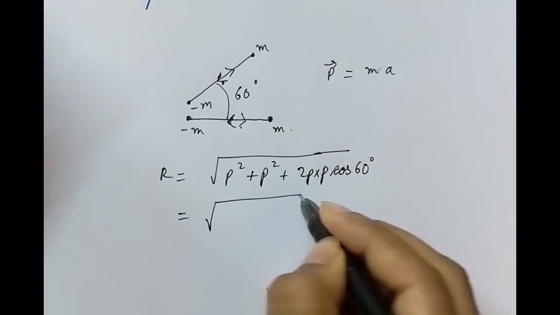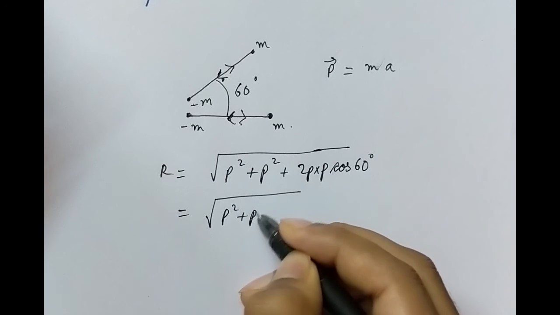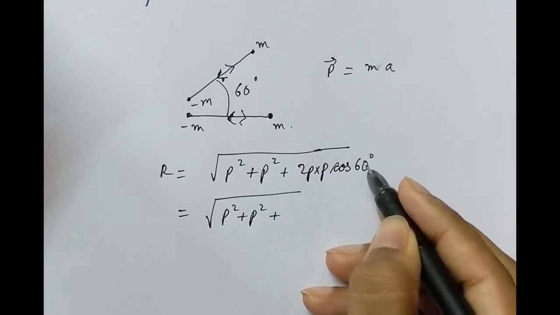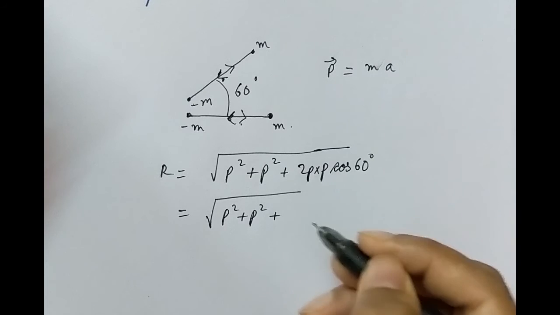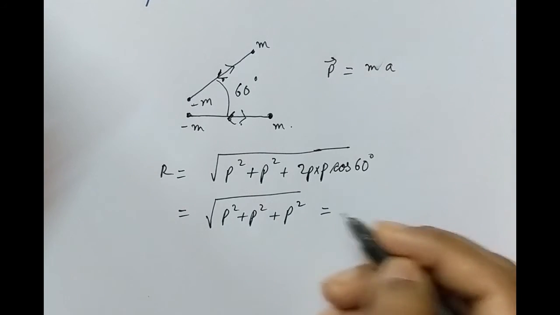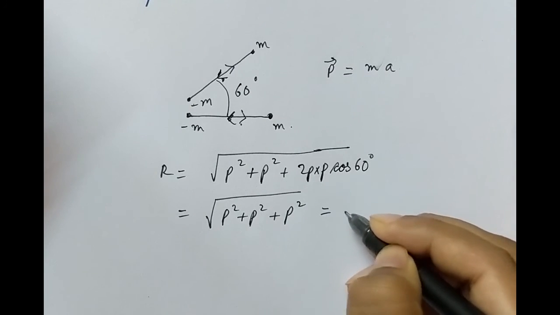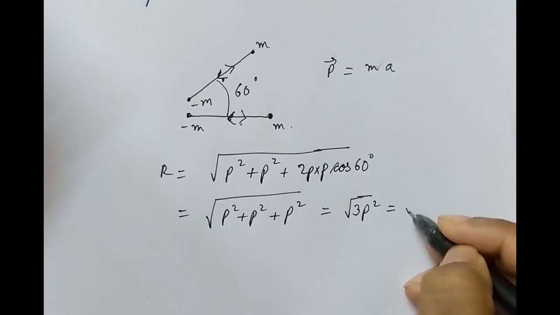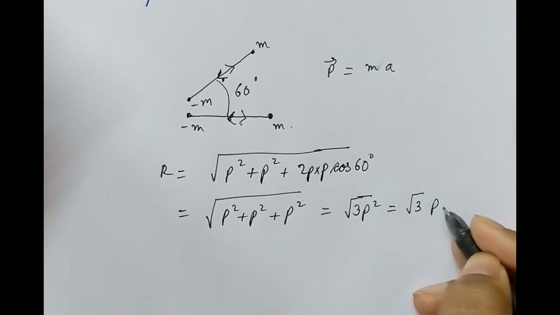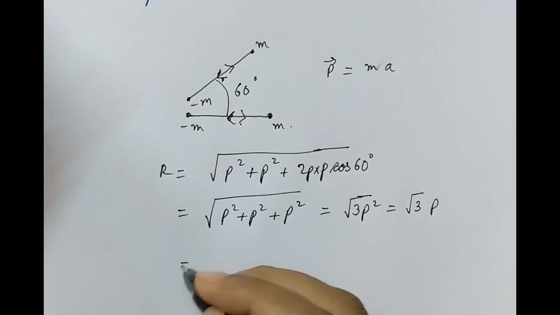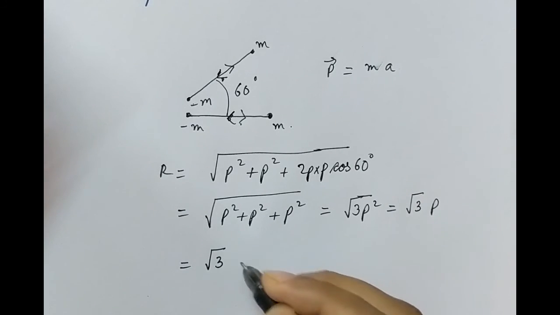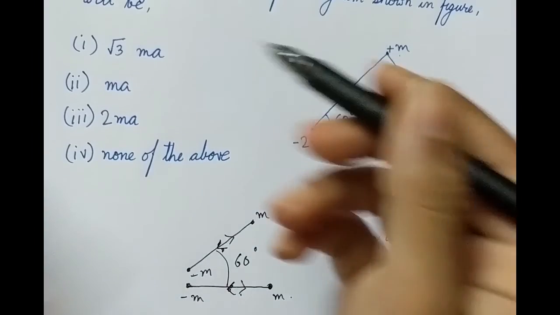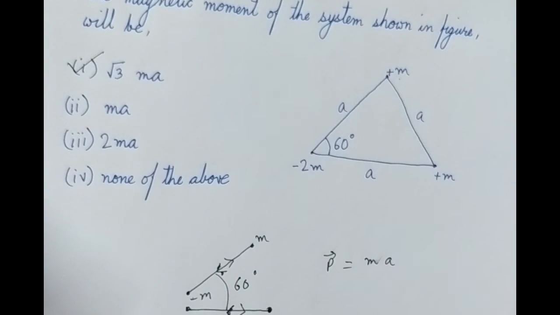So that leaves me with p square plus p square, and cos 60 is half. So half cancels with 2. You have just another p square. So root 3 p square, that is root 3 into p. P again is m into a. So you have root 3 m into a. So the correct option is option number 1.